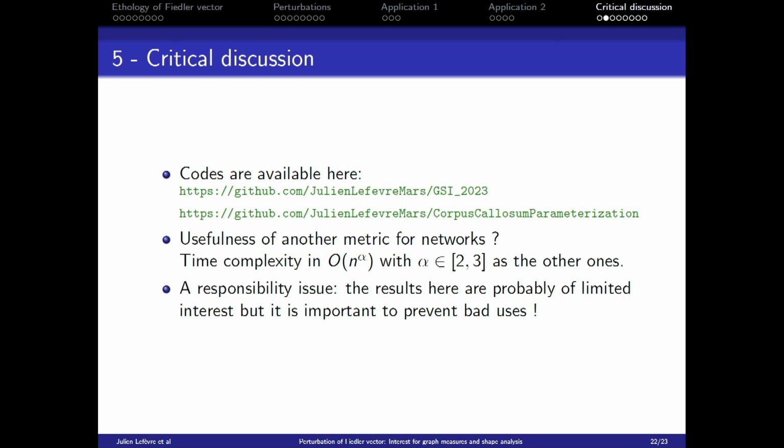We can wonder whether it's interesting to have yet another metric for networks, because there exist tons of metrics like this. And in general, it's very costly to compute. In my case, this metric is between quadratic and cubic, so it's clearly not scalable. And it's an open question.